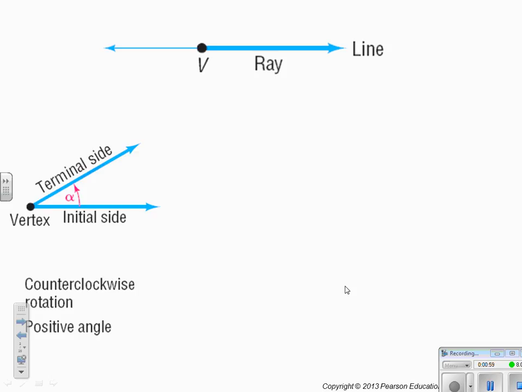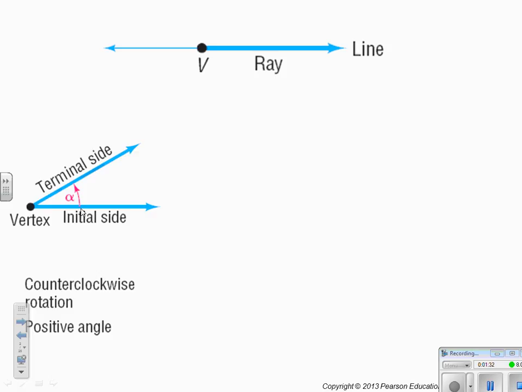So an angle, and this little symbol here is called alpha. So angle alpha is where two rays meet, and it's the angle measure between the initial side of your initial ray, and your terminal ray.